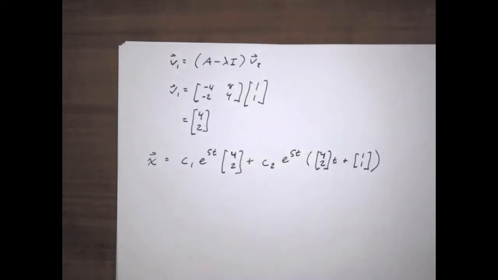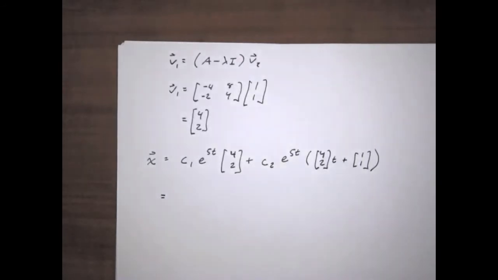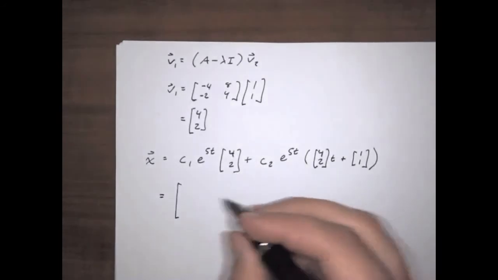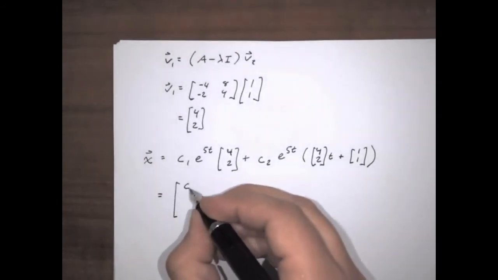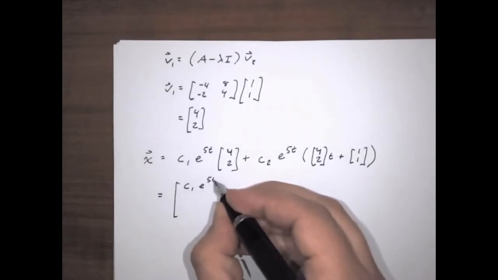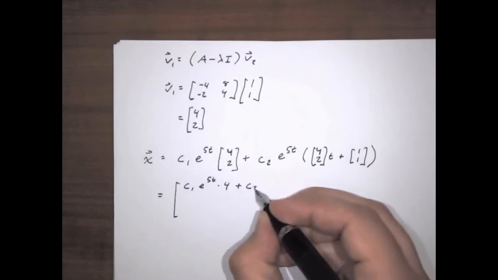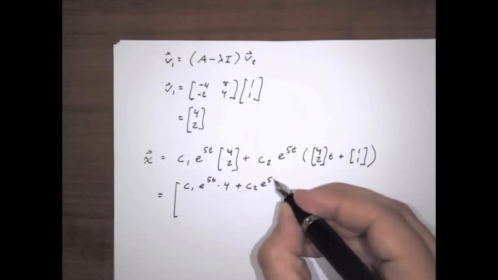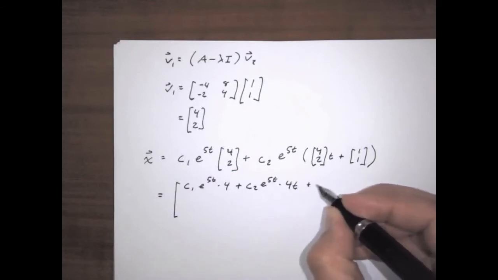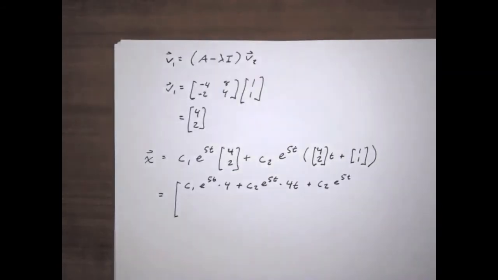And if we wanted to, we could actually rewrite this in its more collapsed form because it makes it a little bit easier to understand. C1 e to the 5t times 4 plus C2 e to the 5t times 4t plus C2 e to the 5t.